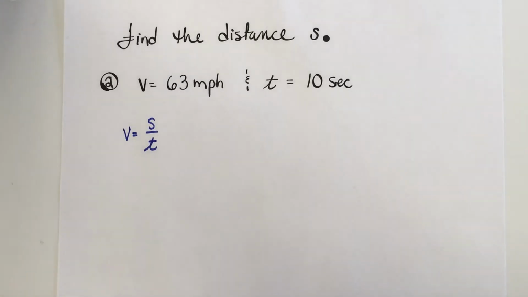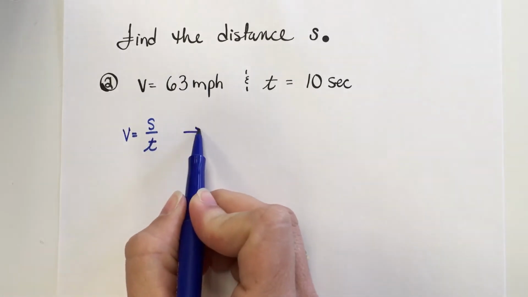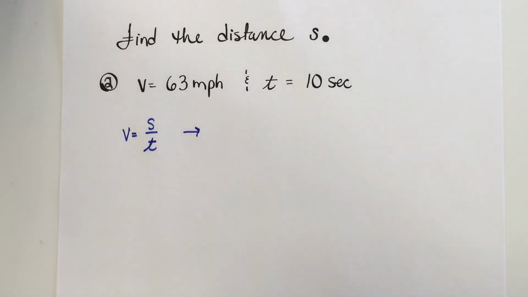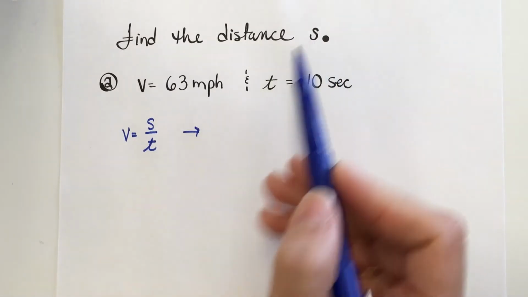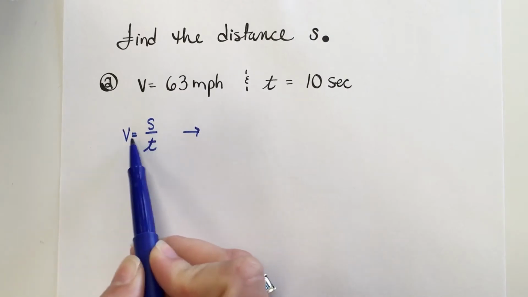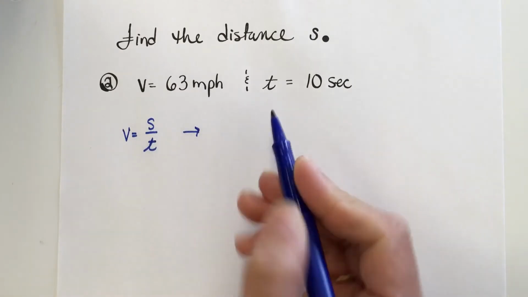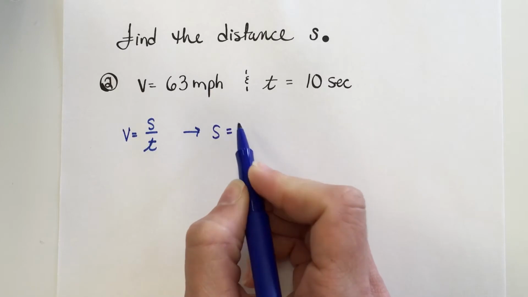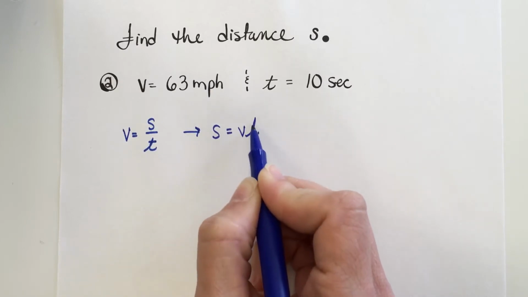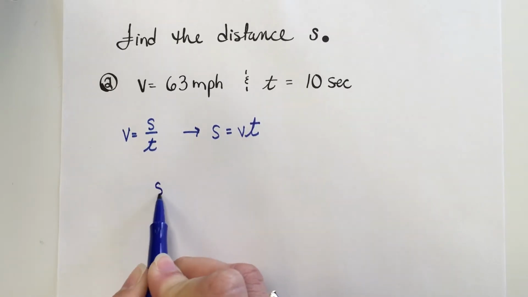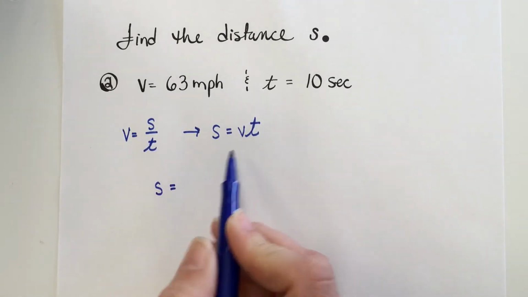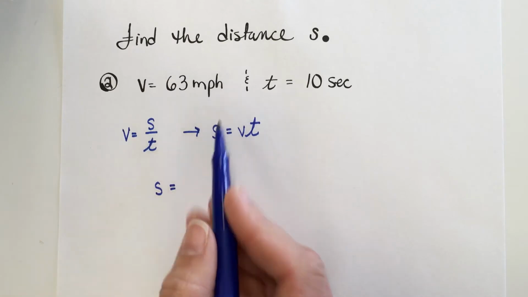You can substitute your information in right now, but you could also take the formula and get s on one side by itself, since s is what you're trying to find. To isolate s, I multiply both sides by t, so I have s is equal to v times t. Now let's substitute in. For v, I have 63 miles per hour.